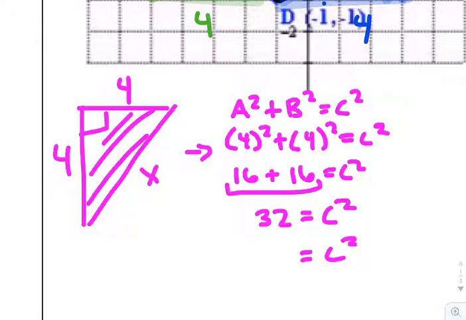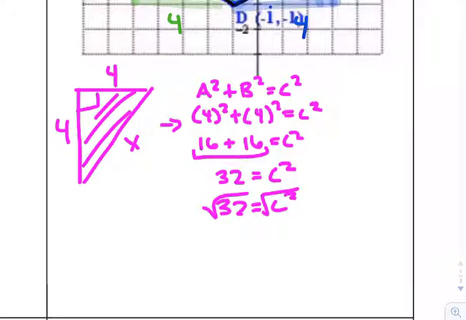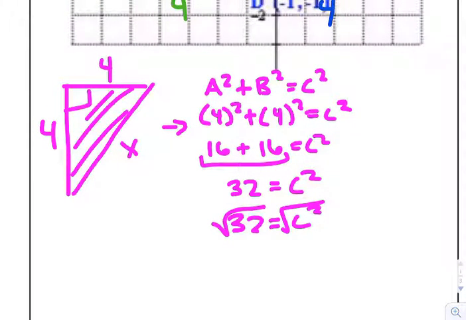And hopefully this is becoming very routine here. We have to apply the square root on both sides. Let's see, on my calculator, the square root of 32 makes c approximately 5.657.